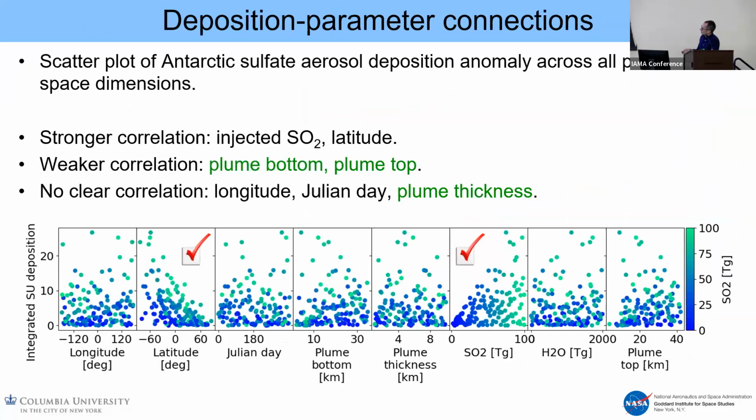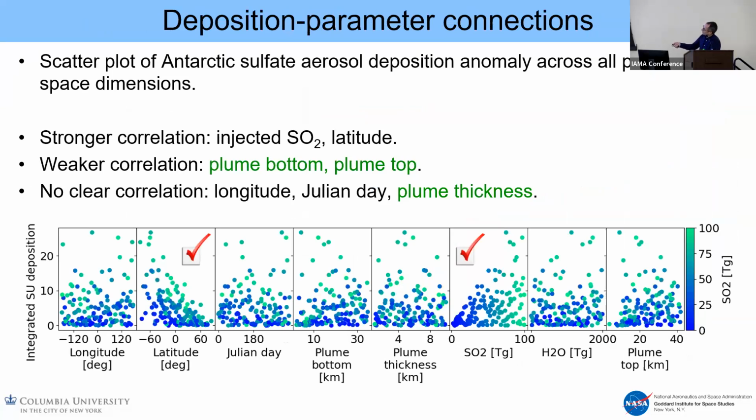So we said, okay, we have a 7-dimensional parameter space, and these are 8 components here because I'm also including plume top, which is a derivative of plume bottom plus plume thickness. And we correlate the parameter we study against the integrated sulfur deposition. And we see that there is some correlation in the latitude.